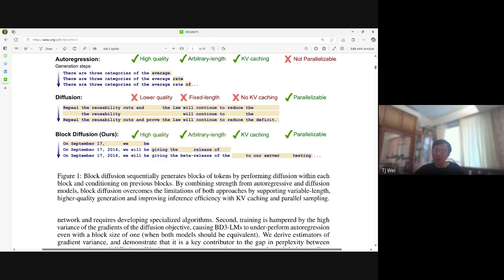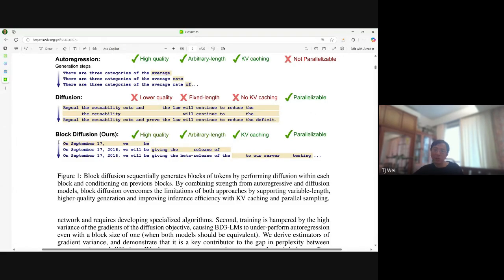It is lower quality, and the diffusion model tends to have a fixed length. This is the limitation. The KV cache of the language model lets attention gradually increase the length while still using attention efficiently. But the benefit of the diffusion model is that it can generate things in parallel.